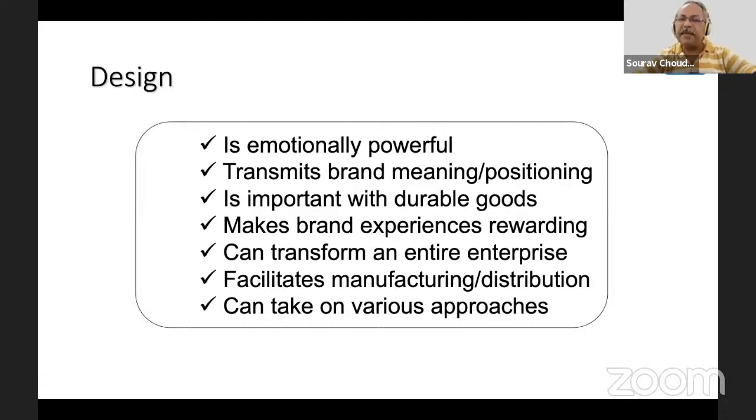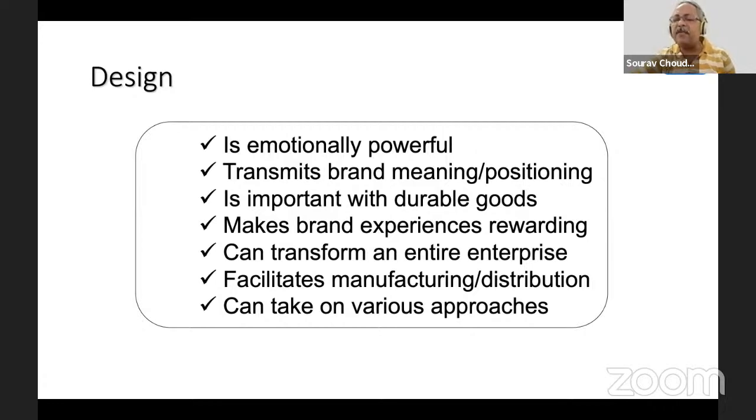So similarly, many things, it facilitates not only the distribution, logistics, transportation. It sometimes also helps facilitate the manufacturing. If it's a simple design, manufacturing is easier. If it's a very complex design, manufacturing is not so easy.